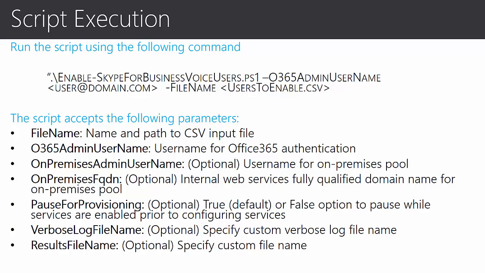I don't want to keep it anywhere, so I'll use the secure credentials PowerShell opportunities that I have in order to get that and then be able to pass that in for authenticating with Office 365, both for license assignment and Skype for Business configuration. And then I also need the file name of the users that you want to enable in the CSV format. I'll talk about that file in just a moment. But those are the two things that I must have in order to be successful running the script.